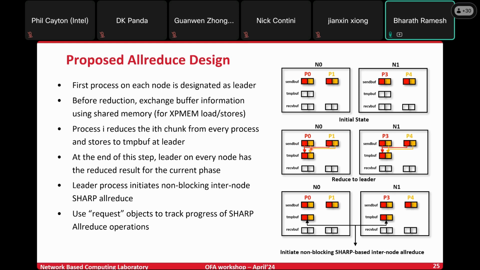Every process will then write this to a buffer, located at P0, using XPMEM load stores. At the end of this step, you have a reduced chunk that you can then do an allreduce with across the node. Then the leader process just initiates a non-blocking allreduce, and all the processes start the next batch of reductions again.